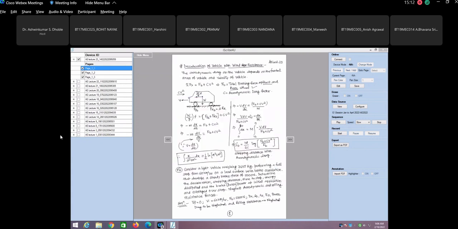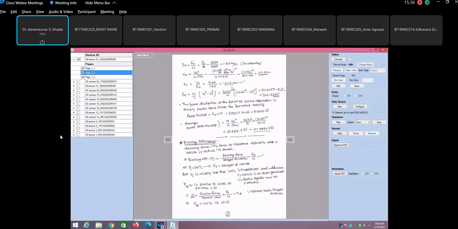So in the last class, we have seen the deceleration of the vehicle with respect to the aerodynamic drag. Then we derived the expression.